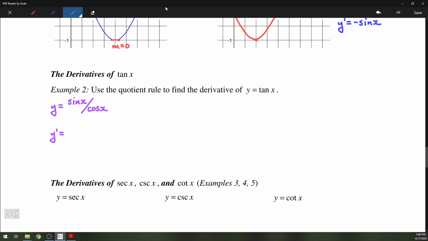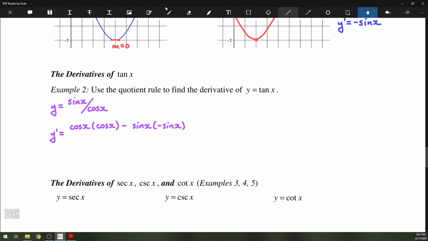So that would be cosine x, taking the denominator, and then the derivative of the numerator is cosine x. We will subtract, and then the sine x in the numerator, and the derivative of the denominator is negative sine x. And of course, this will be all over the square of the denominator, which is cosine square x.